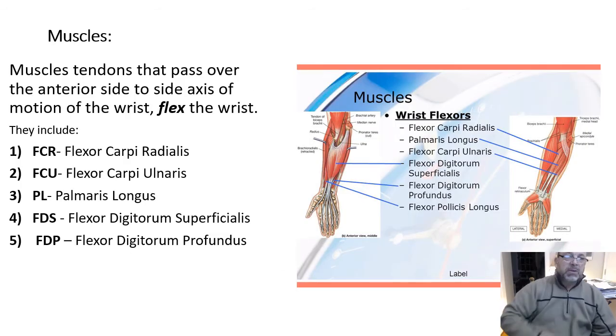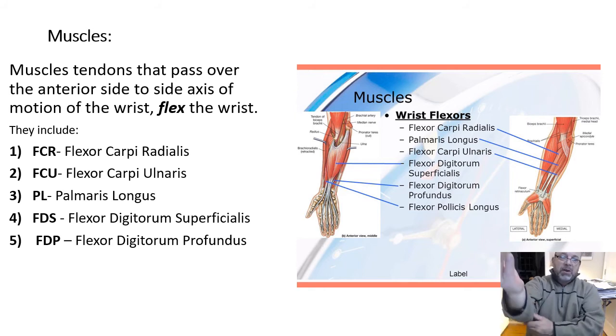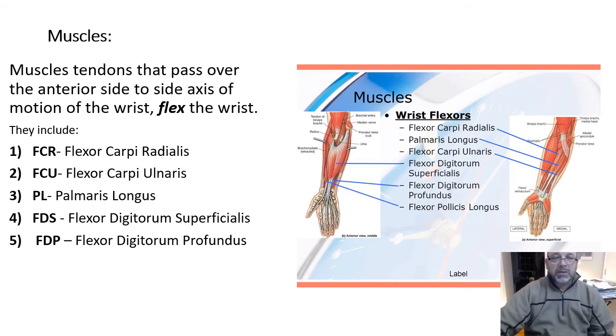So the muscles that pass over the anterior side of the axis are starting from the medial epicondyle, and they are the flexors. If you look at the left side of the screen, we have FCR, abbreviating flexor carpi radialis; FCU, flexor carpi ulnaris; PL, palmaris longus; FDS, flexor digitorum superficialis; and FDP, flexor digitorum profundus.